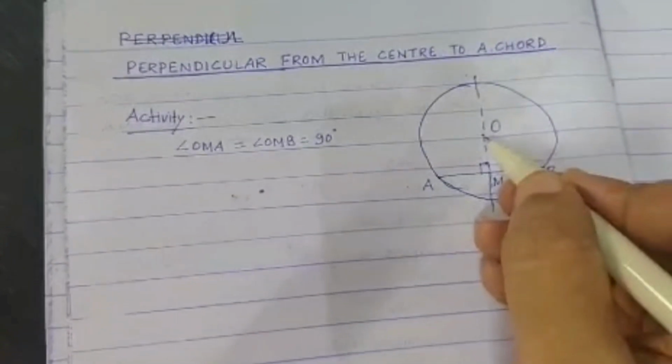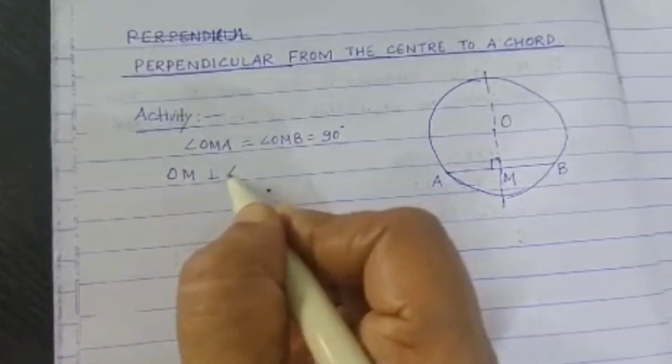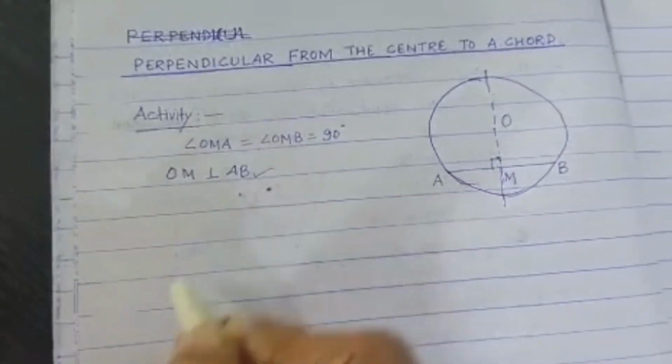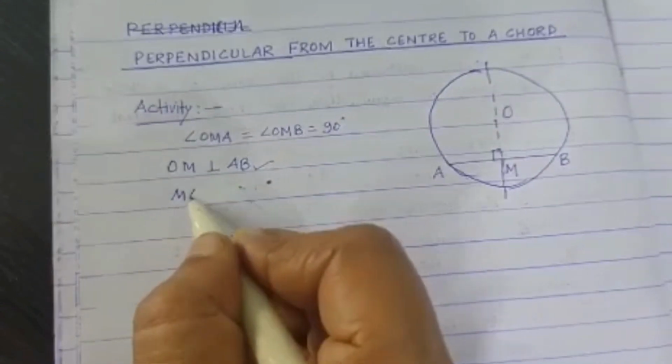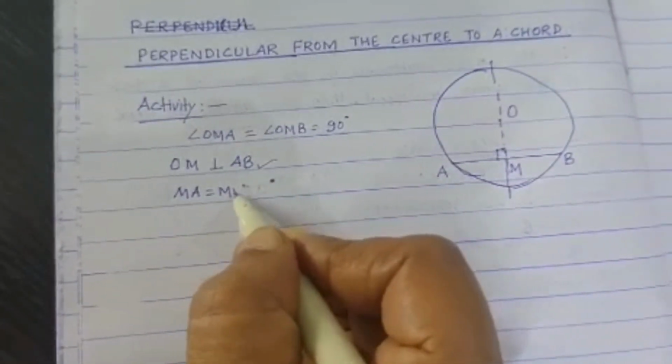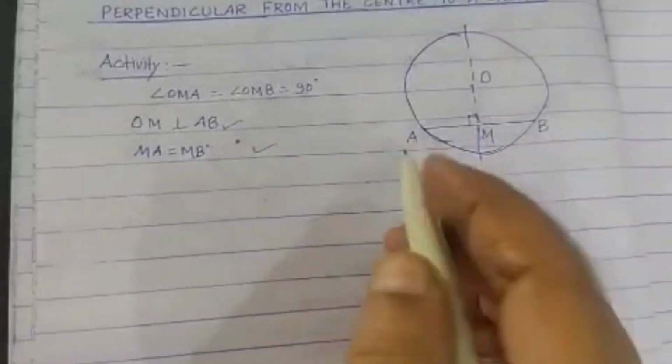So that means this OM is perpendicular to AB. You will also get to know that this MA is equal to MB. If you do this activity on the tracing paper, you will get to know these things.